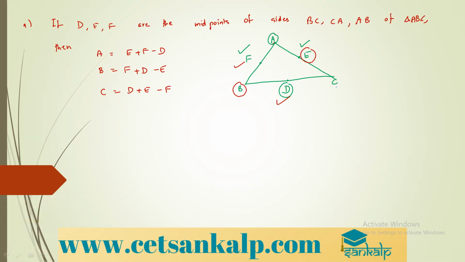To find the vertex C, we will take D plus E minus F. This is the way to remember.